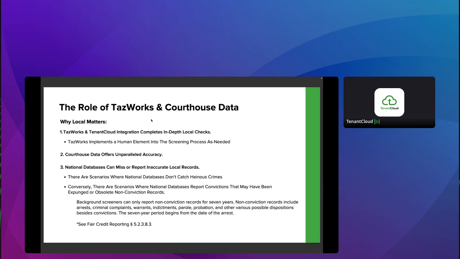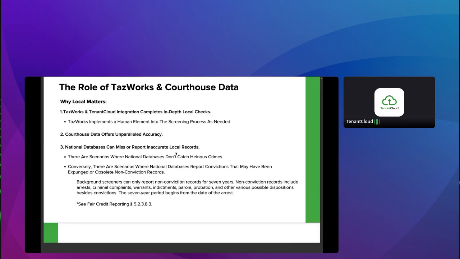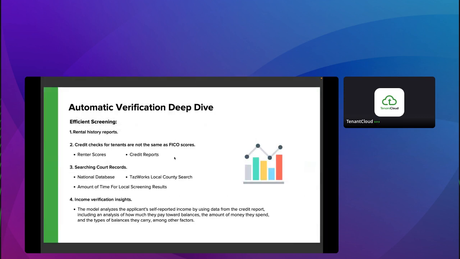You can see more information about that under the Fair Credit Reporting Act, Section 5.2.3.8.3, if you are interested in looking into that more, which hopefully you are, because again, that is the purpose of this webinar, to really give you a deep dive into the tenant screening process to help you personally try to reduce your risk and exposure to risk.